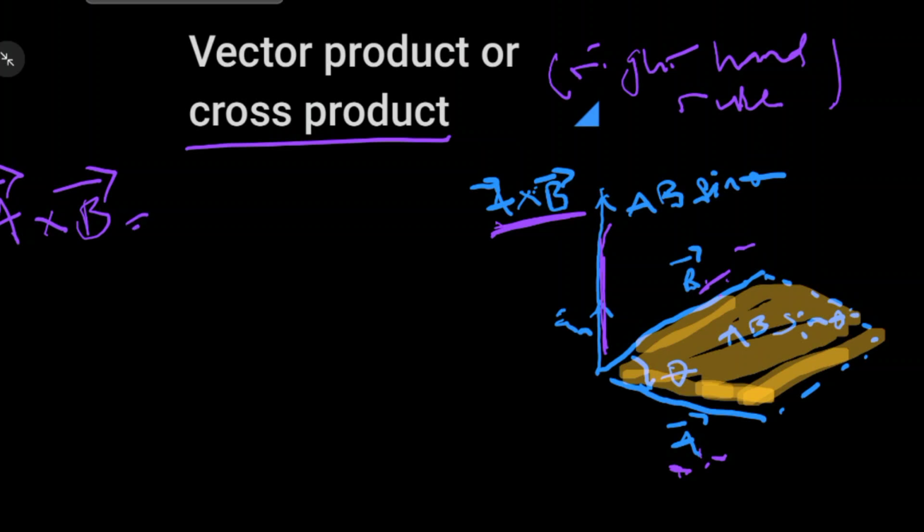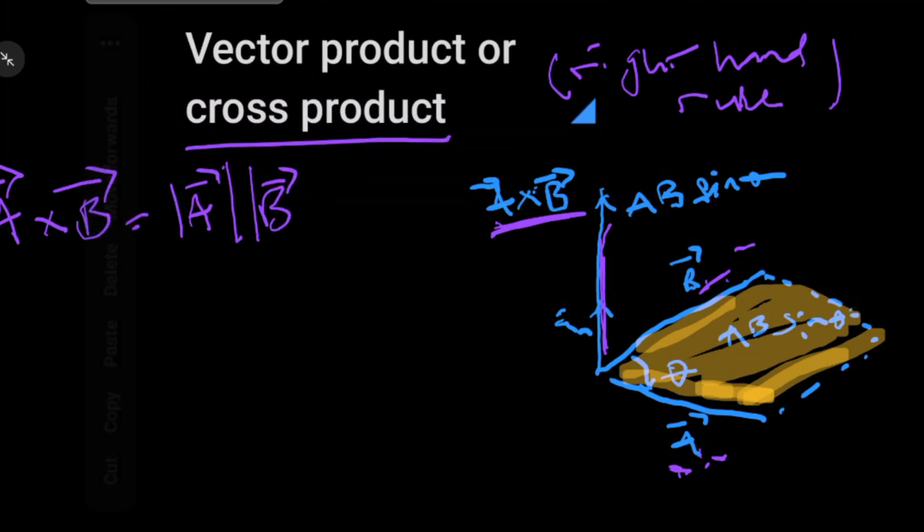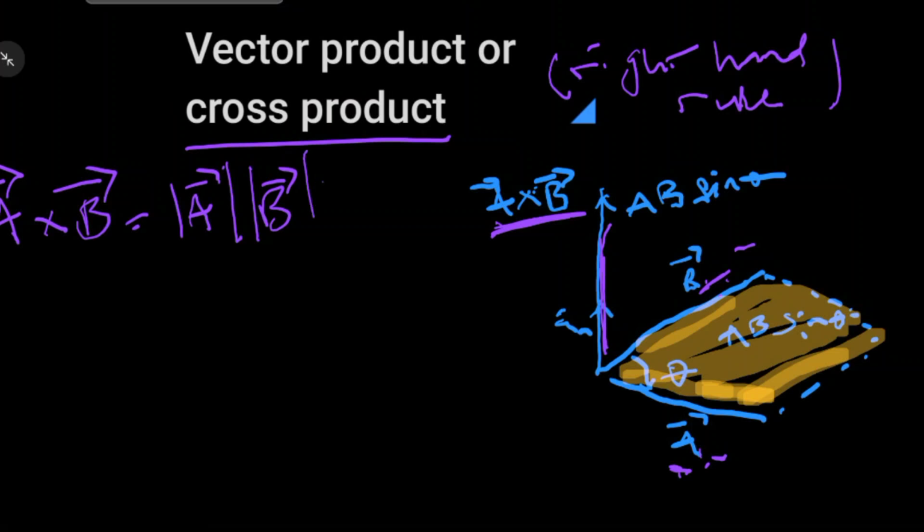We can write this as the magnitude of vector A by the magnitude of vector B, times sine of the angle between, that is this angle right here, the angle between vectors A and B, all multiplied by a new unit vector, that is this new unit vector.